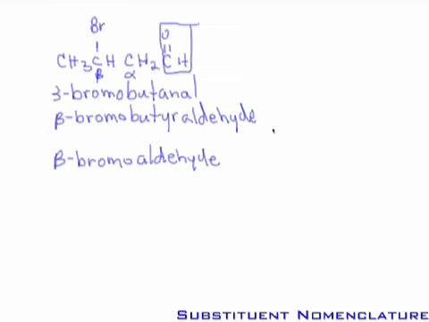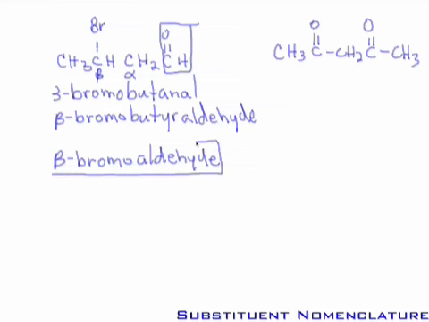Let's try this molecule. Let's name it by IUPAC, then we'll name it by common nomenclature, and then we'll see where that common name comes from and designate the functional group much like we did here.